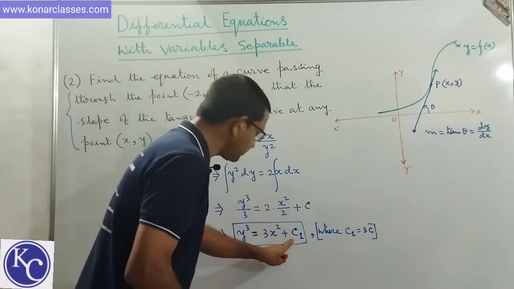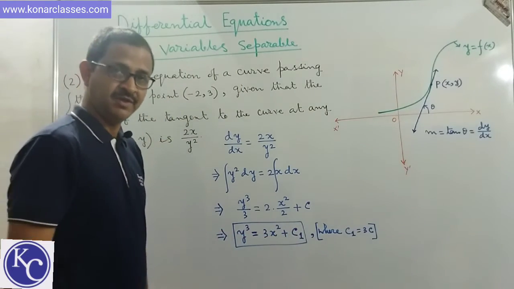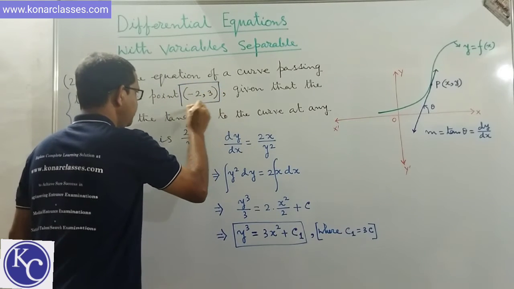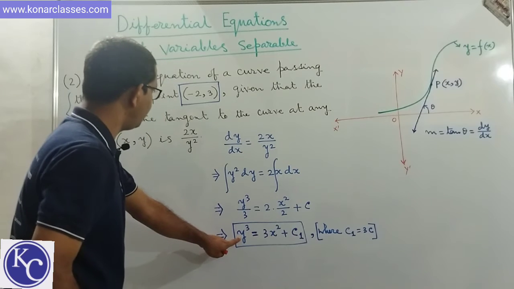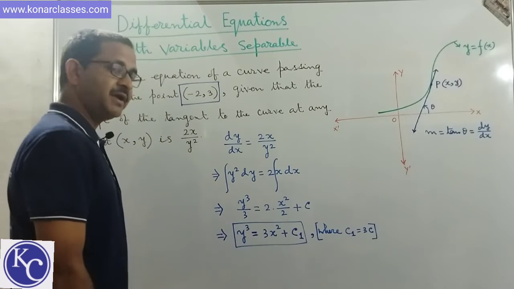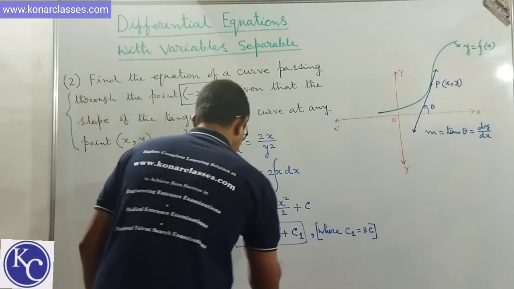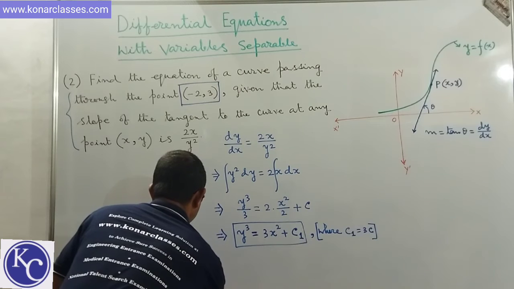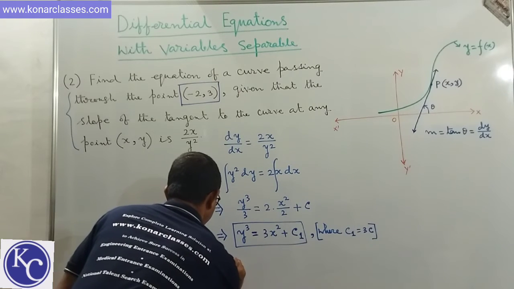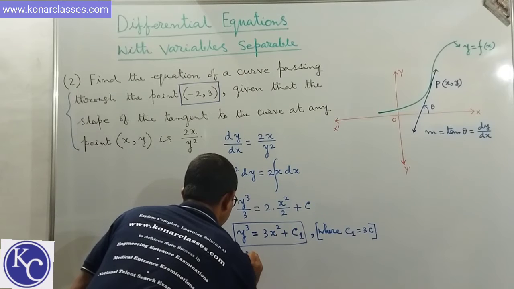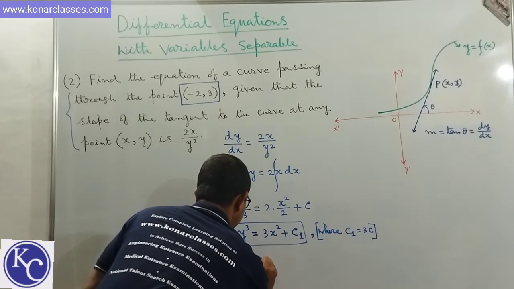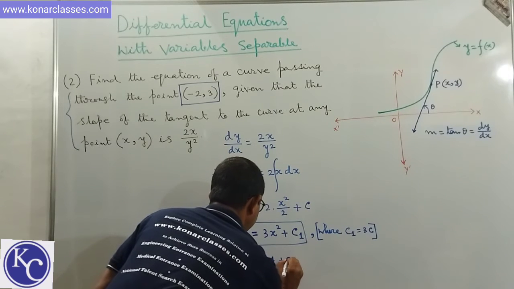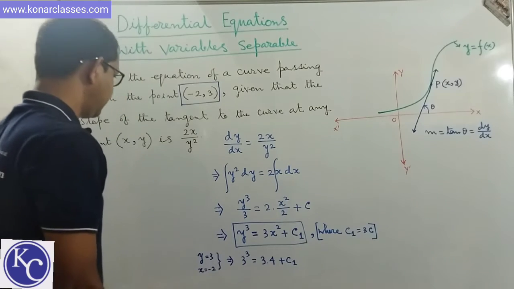Now from this family of curves, we need to find a specific curve which is passing through the point (-2, 3). So for that, what we need to do, dear students? Here we need to apply the value of y equal to 3 and x equal to -2, correct? If we apply, then what we are going to get? 3 power 3 is equal to 3 into (-2) whole square, which is 4, plus c1, correct?